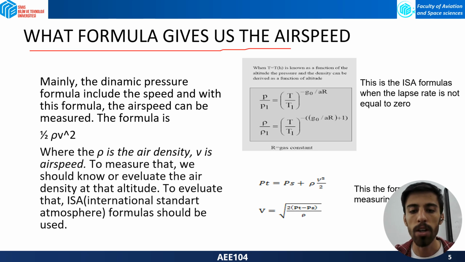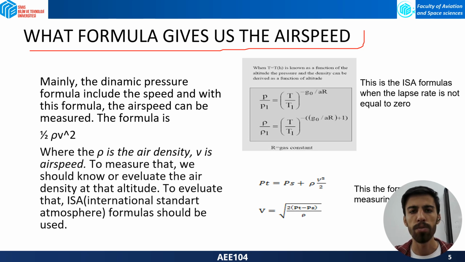What formulas give us the airspeed? This page is very important. As an aircraft engineer, we should know the international standard atmosphere, which is for evaluating the pressure, density, and temperature with altitude.